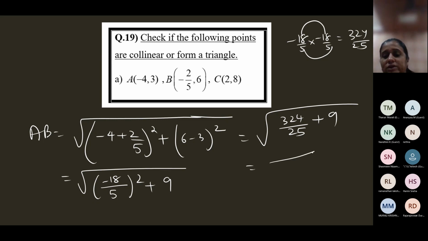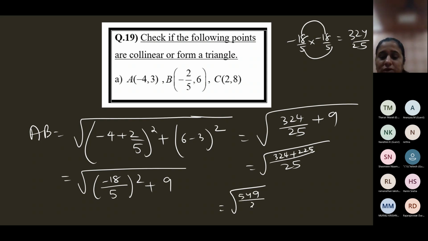Again LCM, 25 is the LCM. So 324 plus 225. The sum of the numerator is 549 by 25. Am I right, children? Are you all getting this?